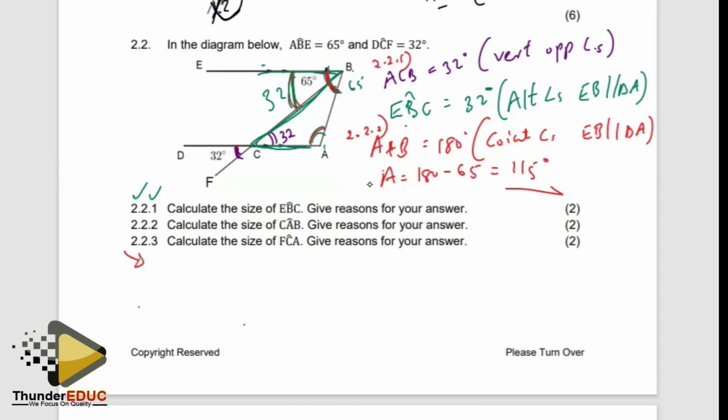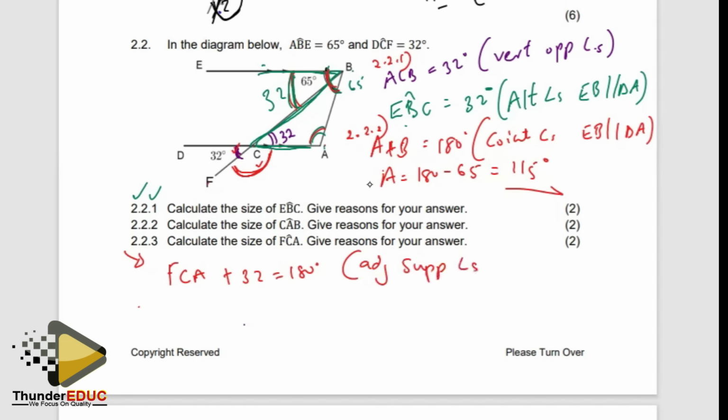And then 2.2.3, calculate the size of FCA. FCA, this outside angle here. So for the outside, I can look at this 32 and this one and say that FCA plus the 32 must give me 180. Those are angles on a straight line or angles on a line. Or alternatively, what we normally say is these are adjacent supplementary angles.